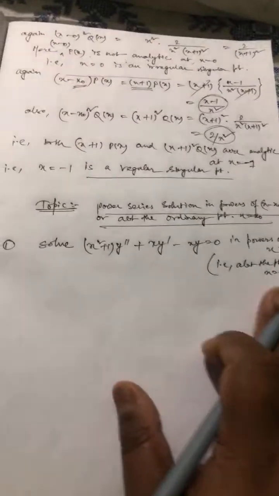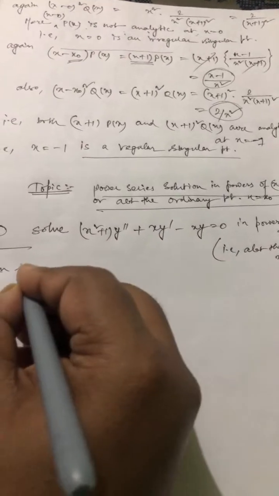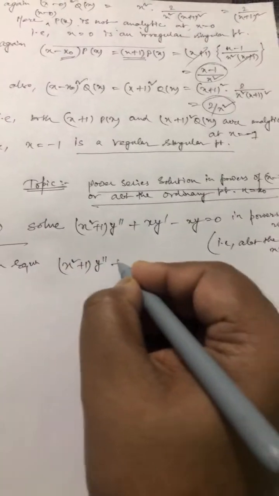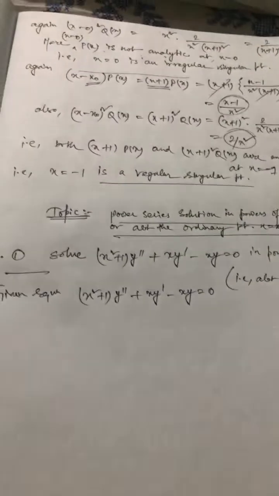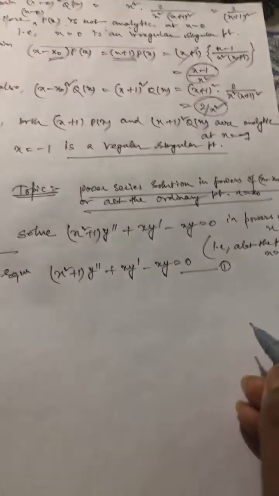Okay. Now given equation (x square plus 1) y double dash plus xy dash minus xy equal to 0. Okay, please listen carefully now. This is the equation 1.